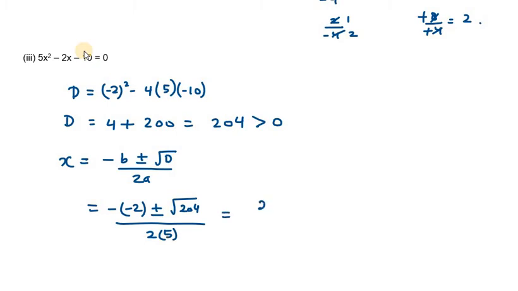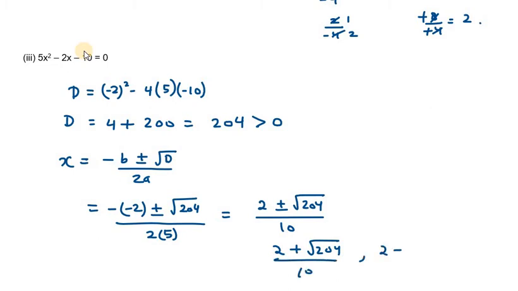So you get 2 plus minus under root 204 over 10. Now you have 2 plus under root 204 over 10, and the other you can write as 2 minus under root 204 over 10. So these are two roots for the third equation.